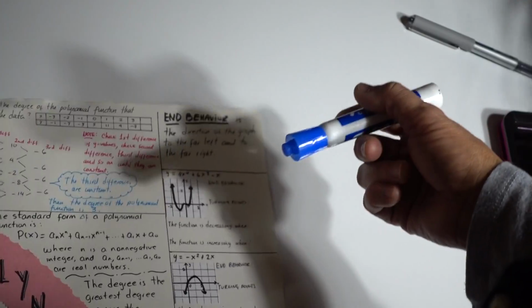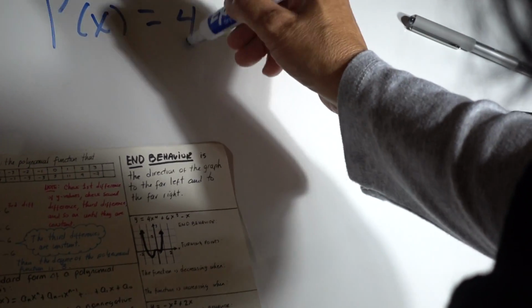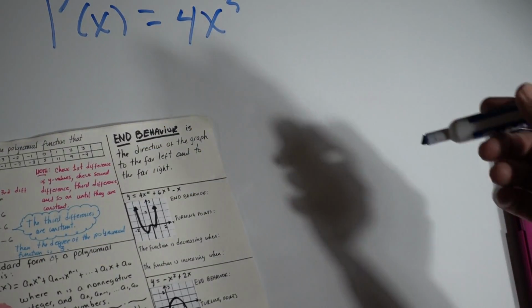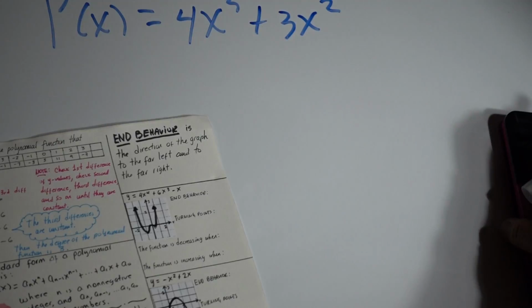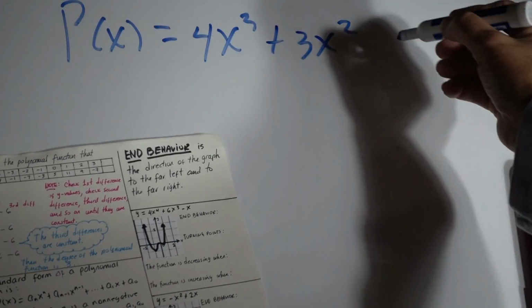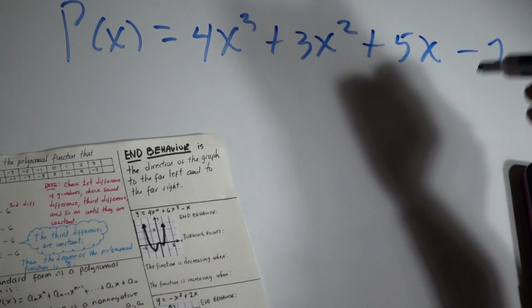This is P of x equals 4x cubed plus 3x squared plus 5x minus 2. This was the example yesterday.